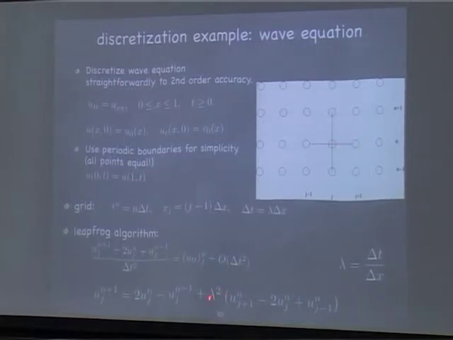To make things shorter, we call this coefficient lambda squared, and lambda is nothing but a shorthand for delta t by delta x, because they don't have to be the same. Okay? So this is a simple algorithm that we can just come up with, straightforward.